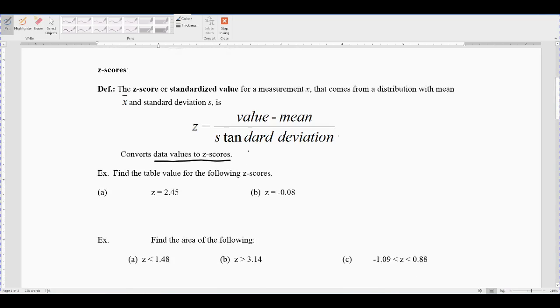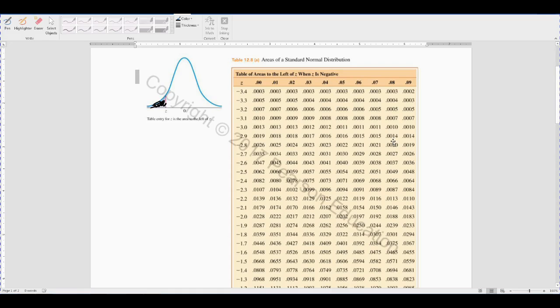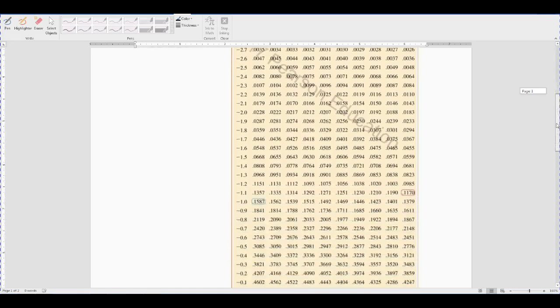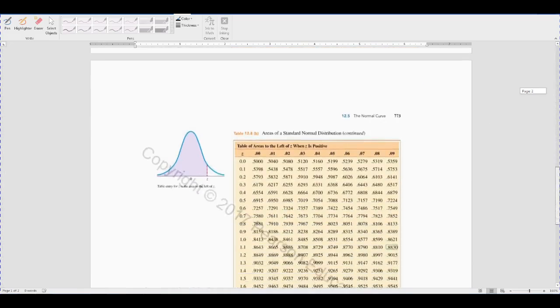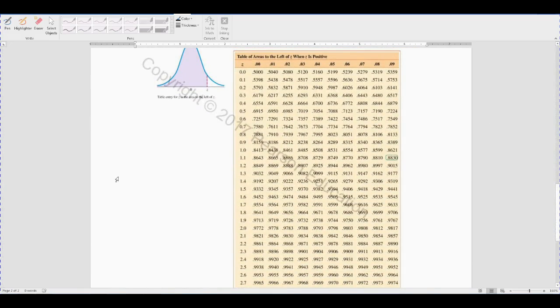Before we can actually use this, we have to learn how to use the table. So let's find some actual table values for certain z-scores. This first example is z equals 2.45. These are the negatives, and if I go to the next portion of the table, these are positive z-scores. So I'm looking for z equals 2.45.